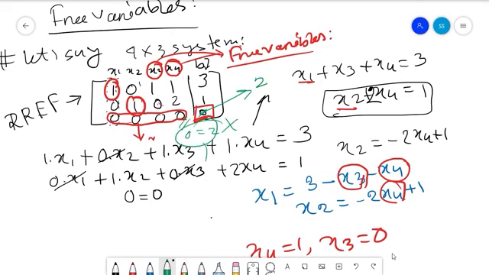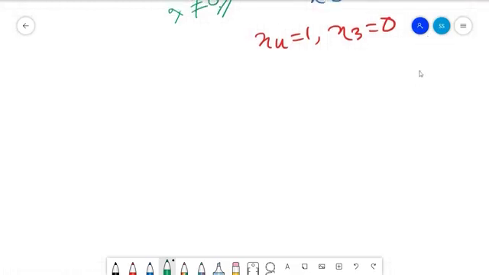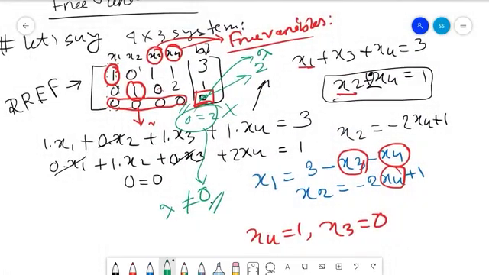This is not possible, and then you have inconsistency, that is, the system has no solution at all. Let's say instead of 0 you have some lambda, and if that lambda is not equal to 0, then the system won't give any solution at all. So if there is no solution at all, there is no relevance of the free variables or the leading variables. So this is the discussion on the free variables.